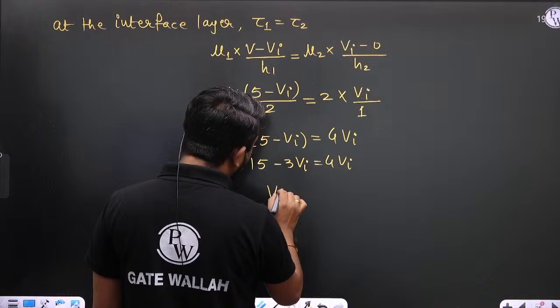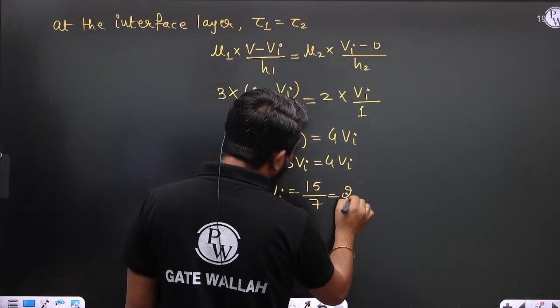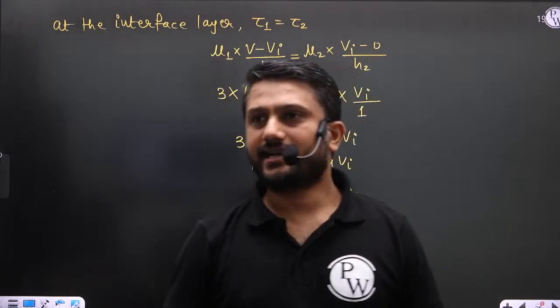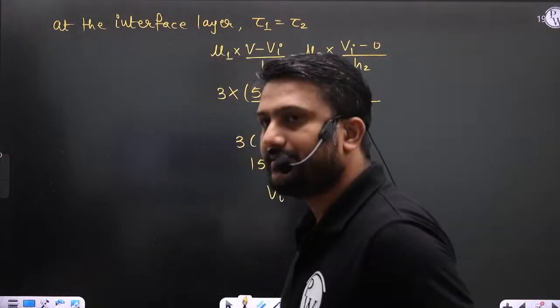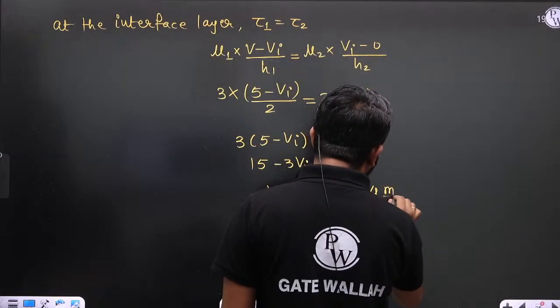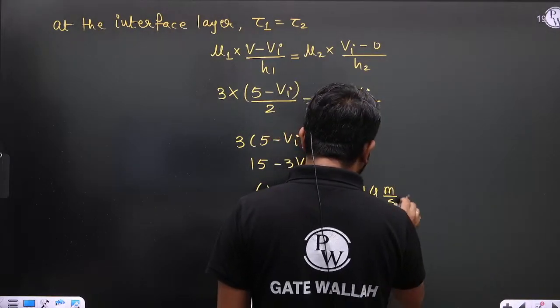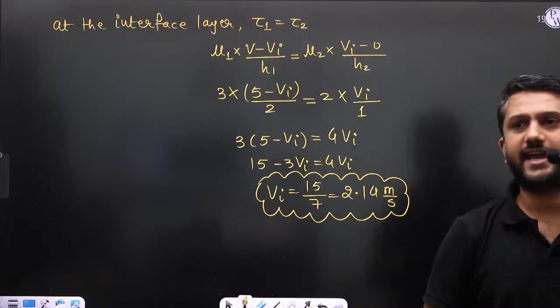So Vi is equal to 15 divided by 7, which is 2.14 meter per second. So this is the Vi. Is it clear to everyone now?